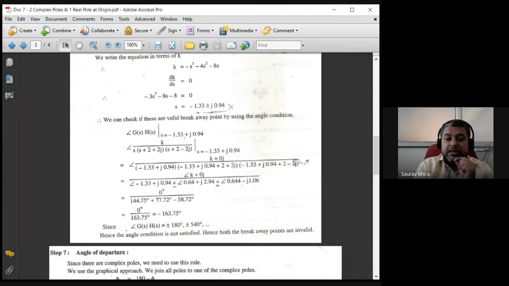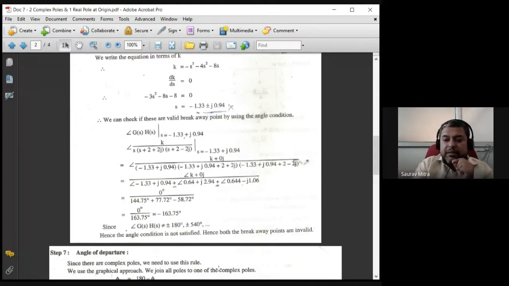Hence the angle condition is not satisfied, because whatever angle we have found, it is minus 163.75 degrees. If you substitute minus 1.33 minus j0.94, you will get plus 163.75, and you have to say that this angle is not a multiple of 180 or 540. If it is not a multiple of 180, then this breakaway point is not a part of the root locus. That means in that case the breakaway point will be invalid.